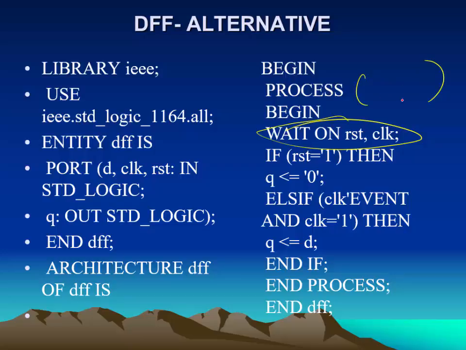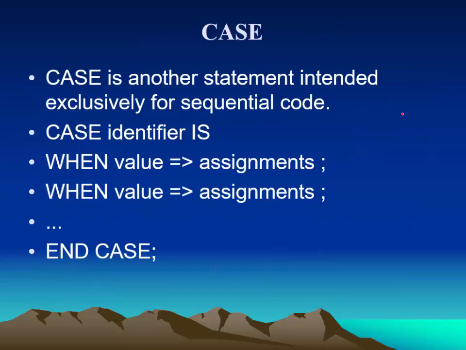Here, the sensitivity list does the same thing as the wait on. The case statement is a very powerful tool, and I'll come back to the case statement later on. That's typically what I use a lot.